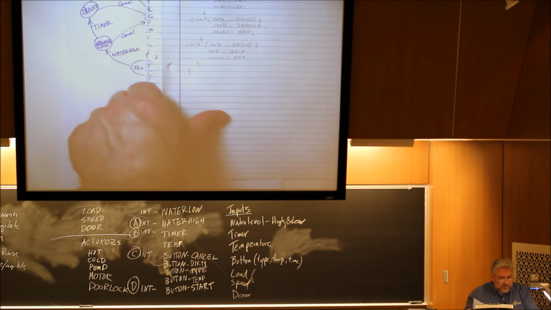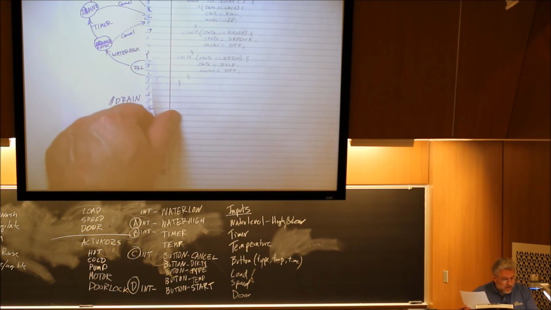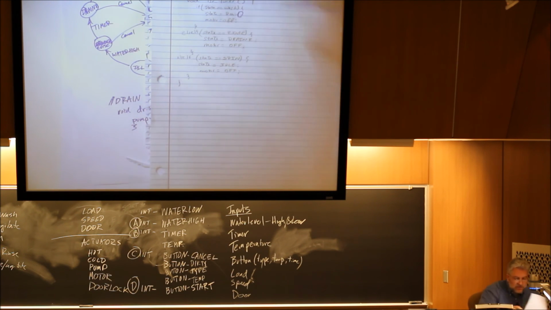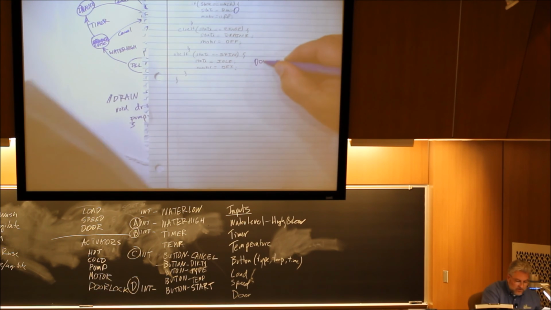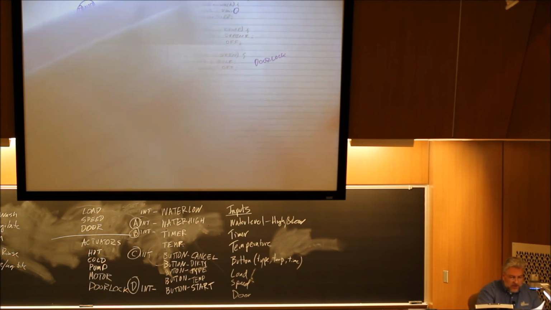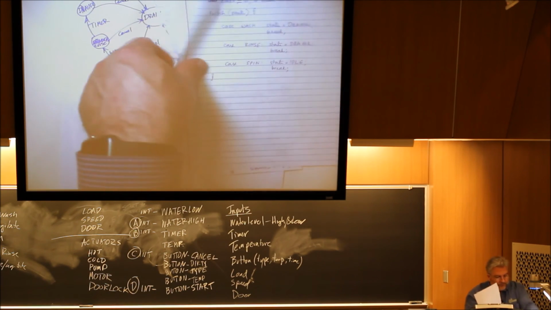Let's see what we have up here. State equal drain, off, drain R, idle, even though this is kind of missing something. And then, of course, door lock. All right, I think we pretty much understand that one, right?